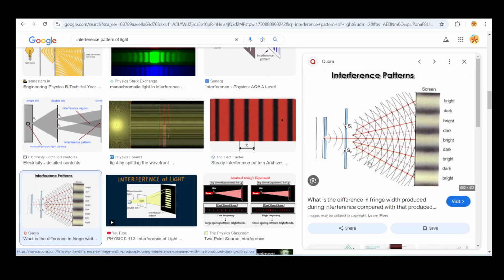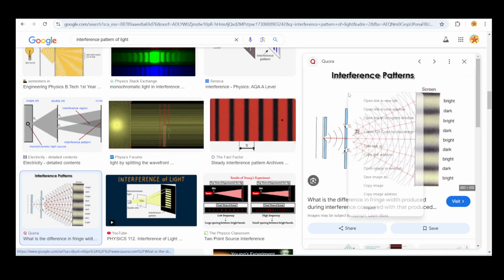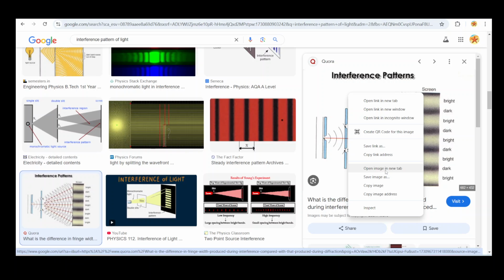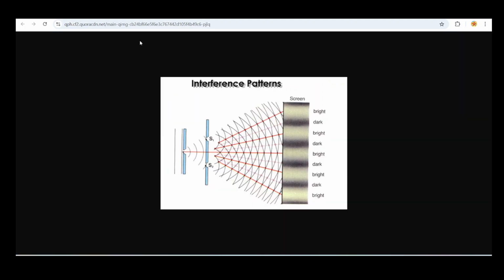Over here, we have two waves. These arcs are basically sections of waves, and there are places where the intersection of two waves is in phase, and there are places where the intersection of two waves is out of phase.